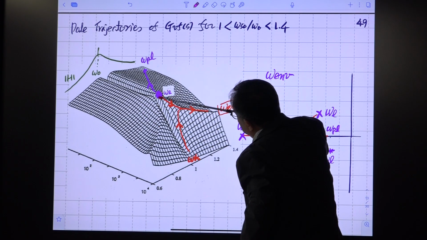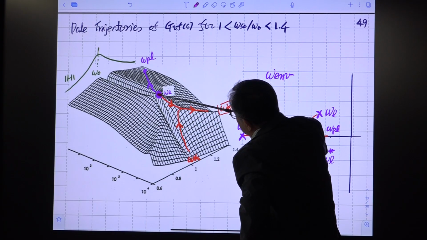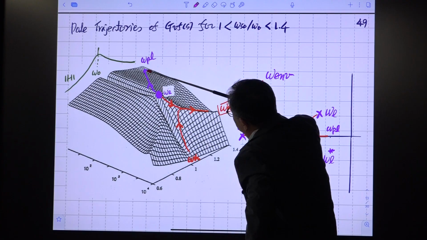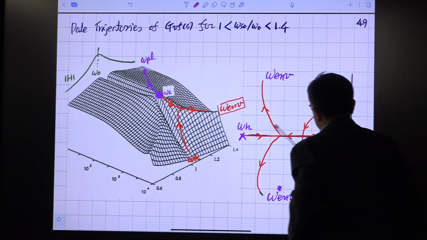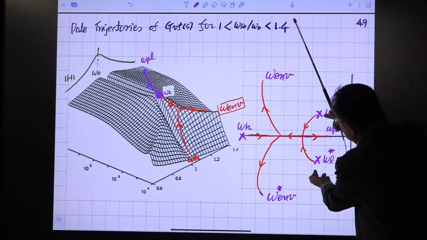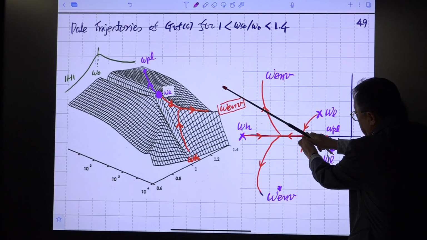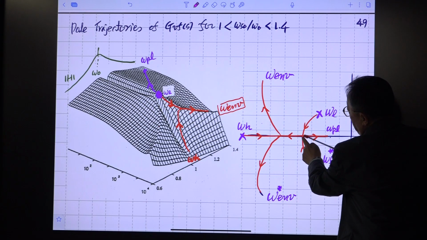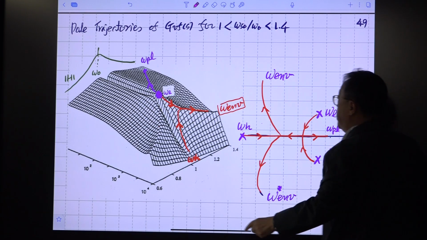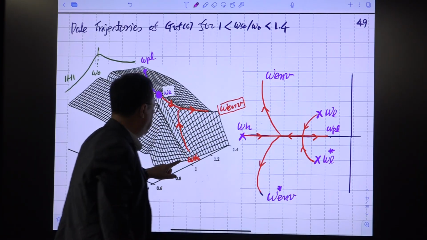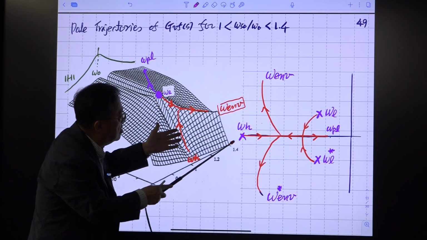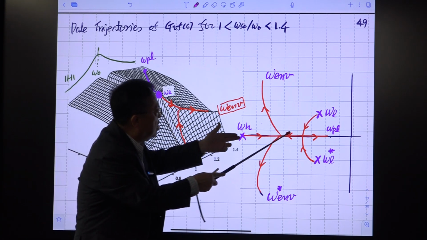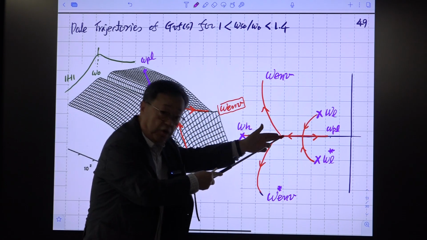It was hanging around for some time, and it split, and this pole is reducing in the opposite direction. They merge together here, and they split. One goes this direction, and another one goes the opposite direction. And this omega H is decreasing in frequency, so it decreases, and they meet together.